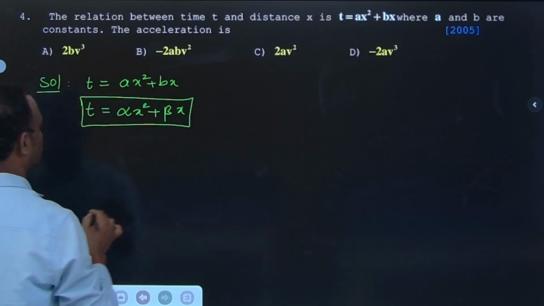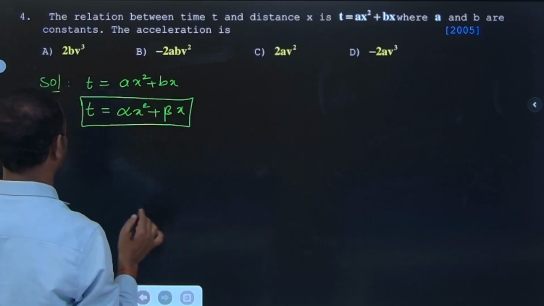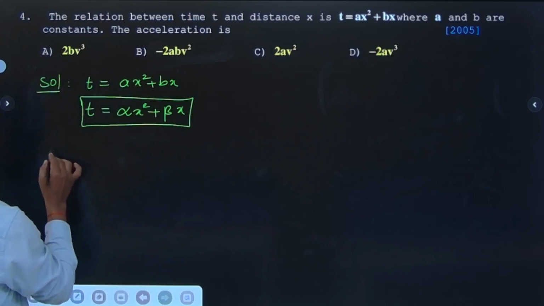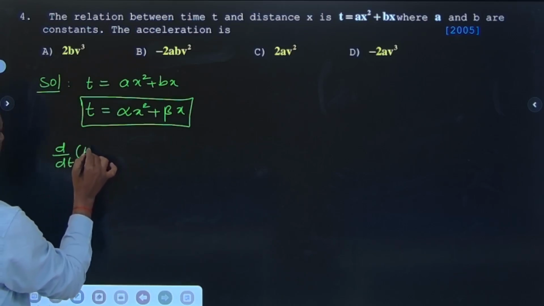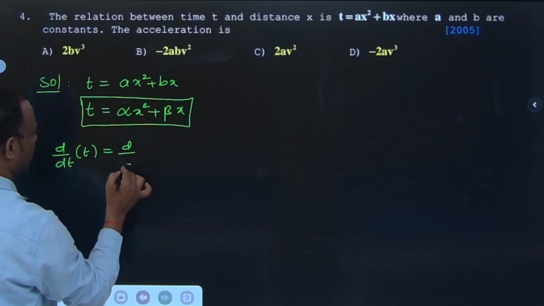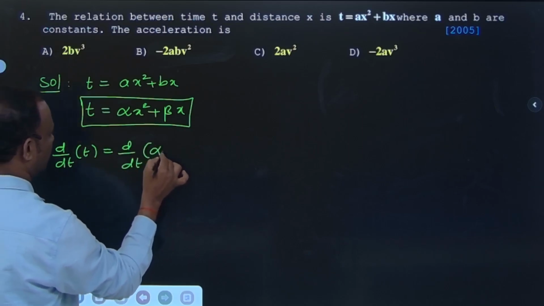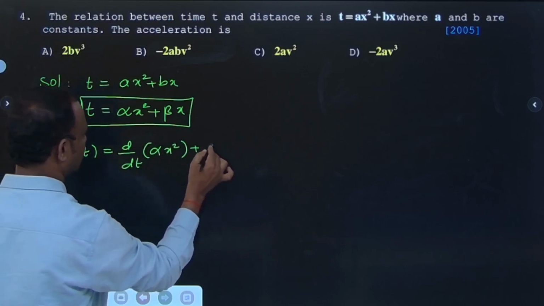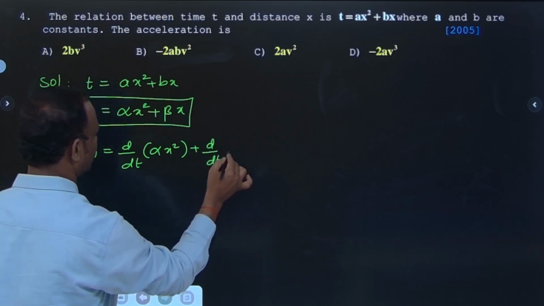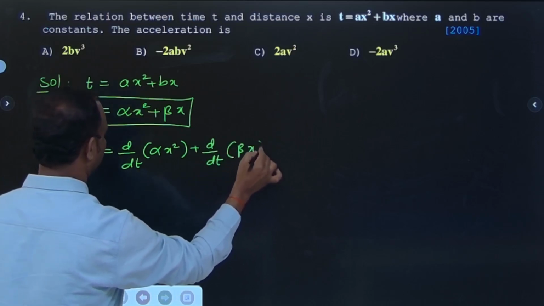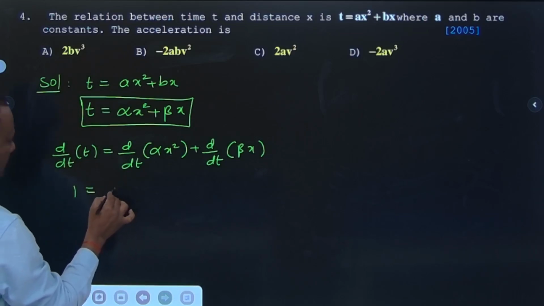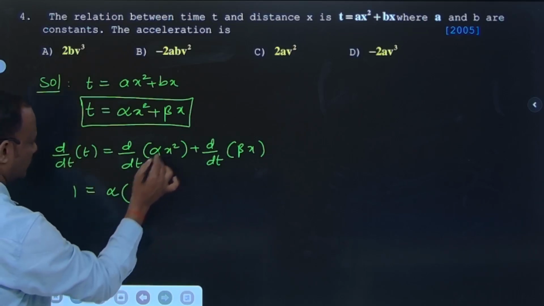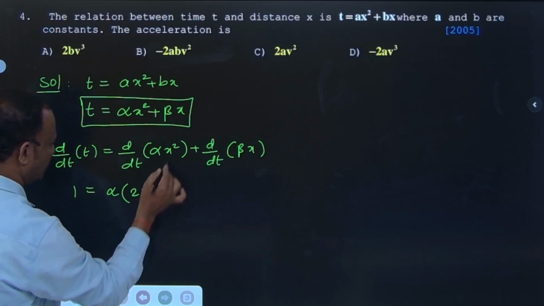First I need to get the acceleration, so first differentiate this. d by dt of t is equal to d by dt of alpha x square plus d by dt of beta x. So d by dt of t is 1, alpha, x square is 2x. Differentiation of x is what?